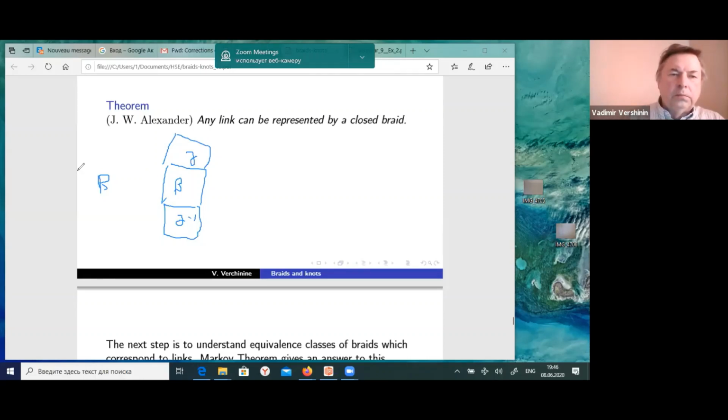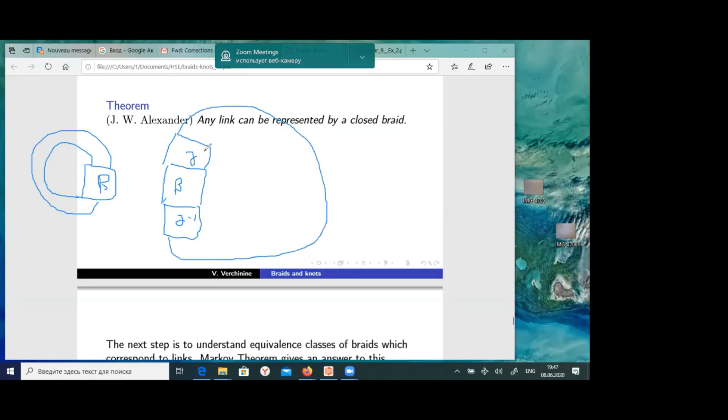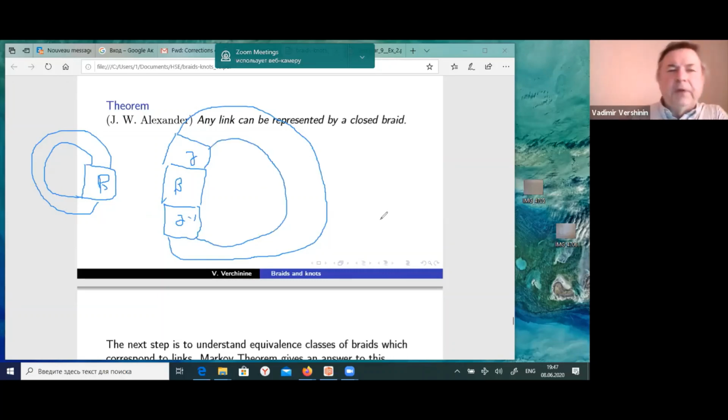Now, this is a braid. You constructed the closure. Now you construct a closure for this one. What do you see? The closure means that there are n strands.